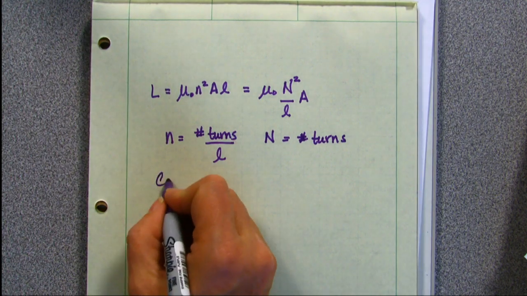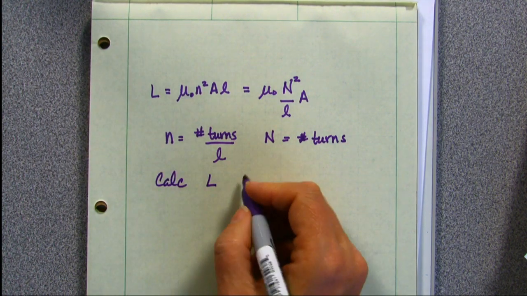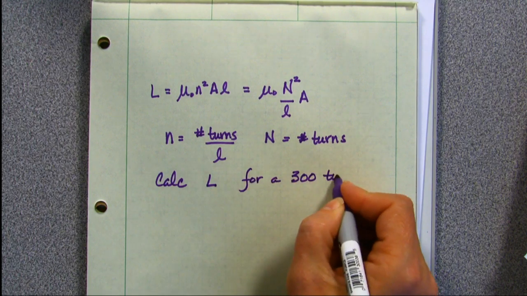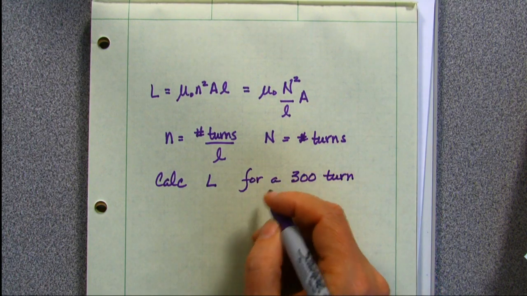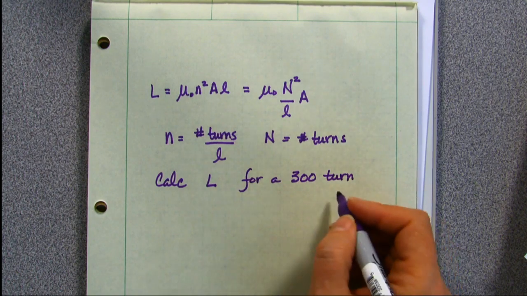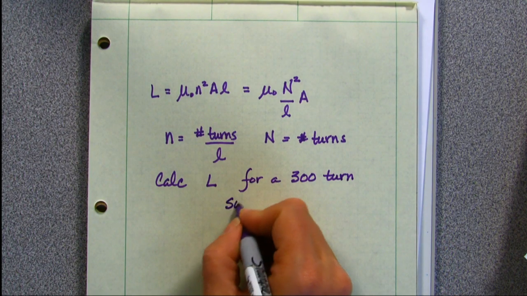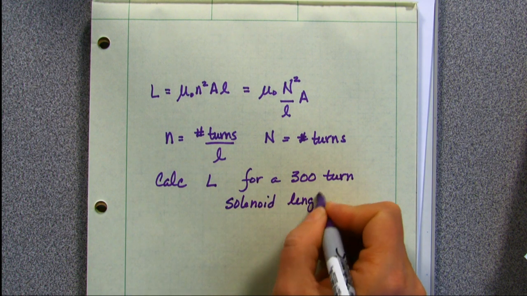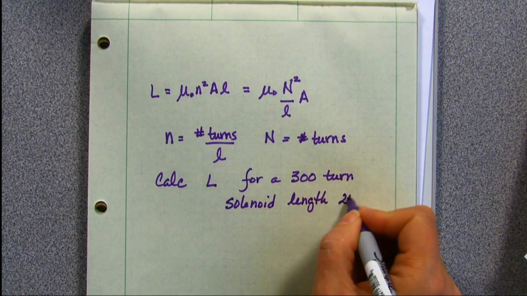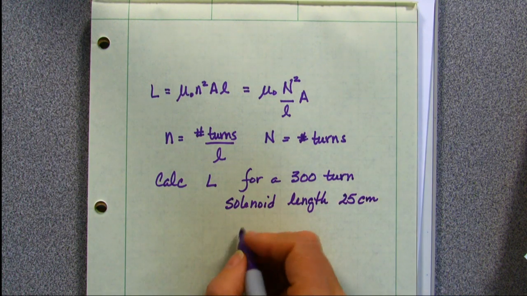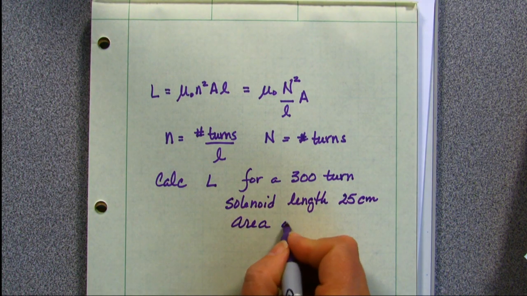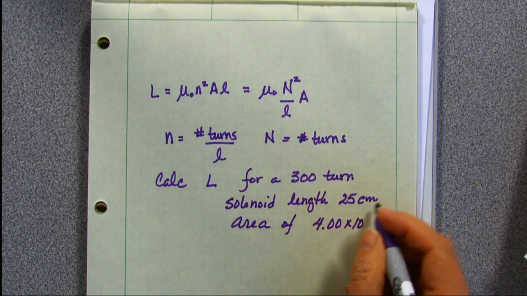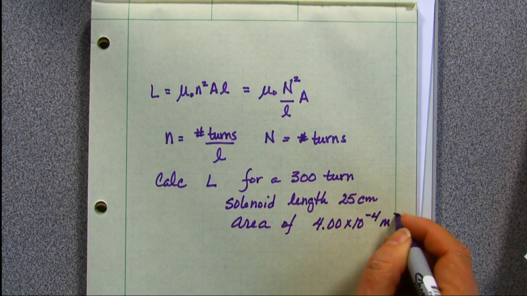So we want to calculate L for a 300 turn solenoid of length 25 centimeters and an area of 4 times 10 to the minus 4 meters squared.